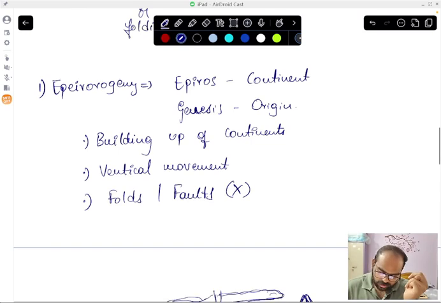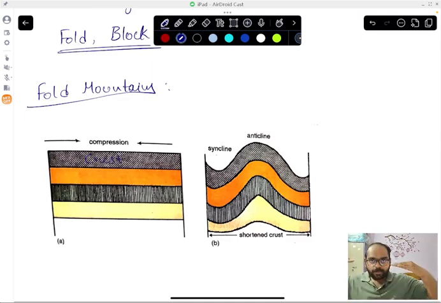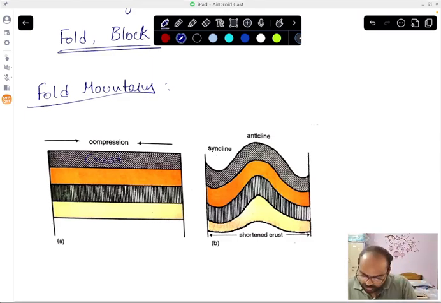This is crustal bending. This is your crust portion. Due to compression, that is convergence, this crust got bent.